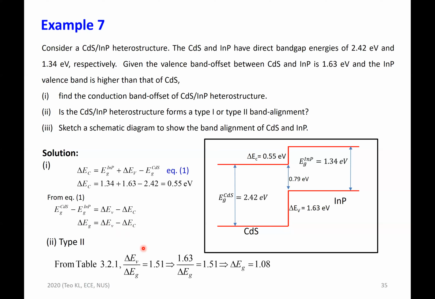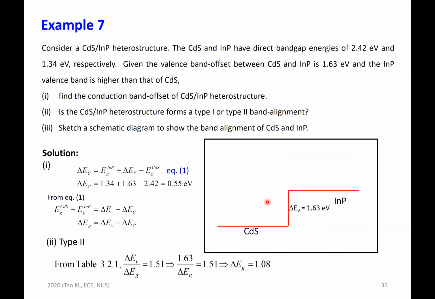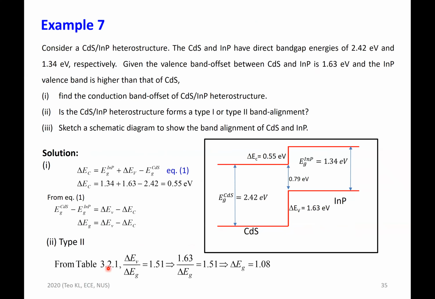And you can check from table 3.2.1. Delta EV over delta EG from the table is 1.51. Delta EV is 1.63.